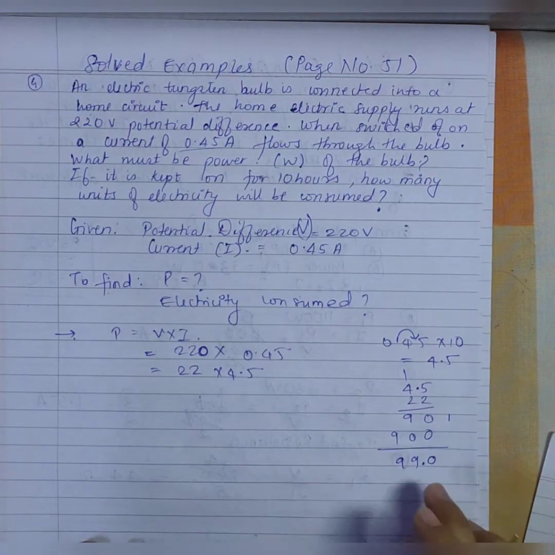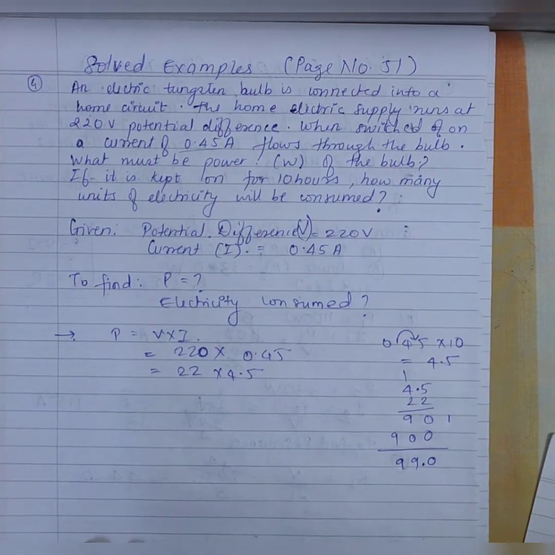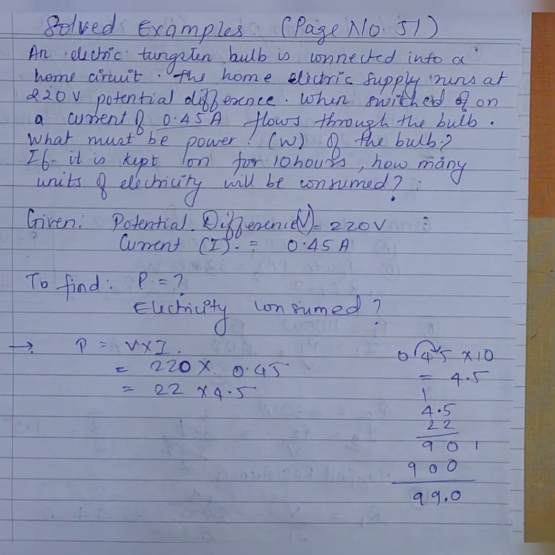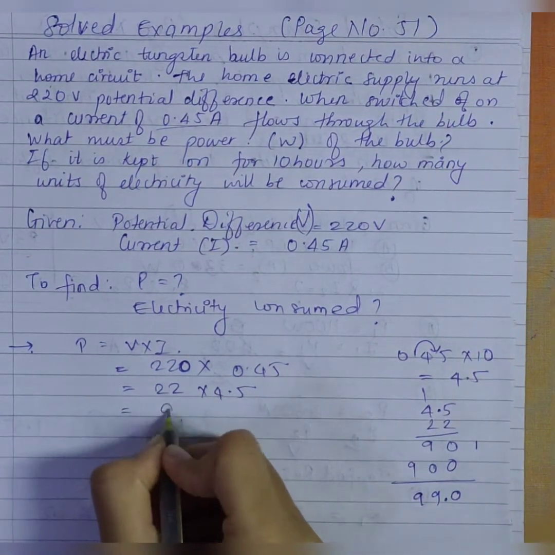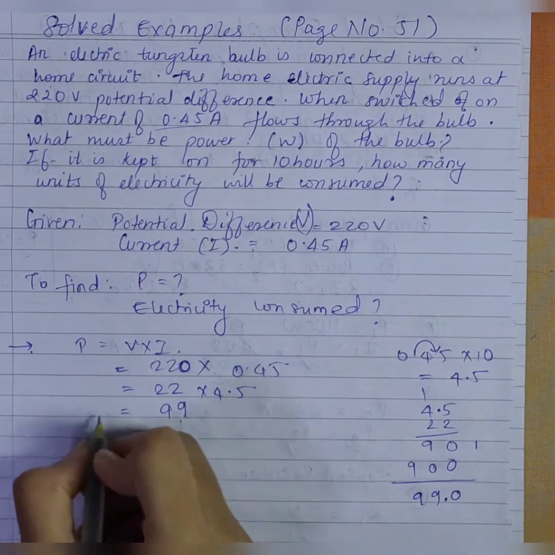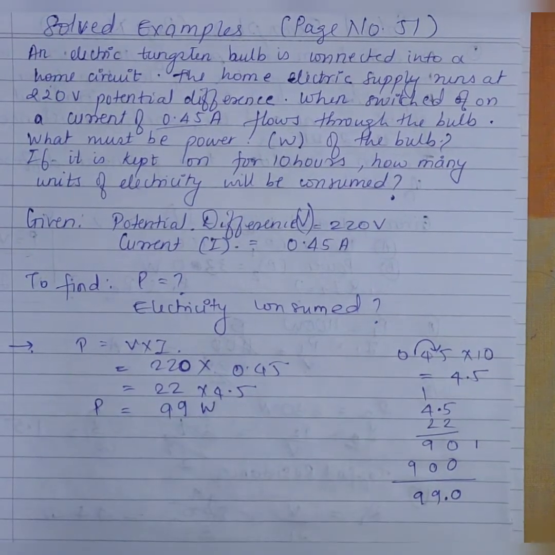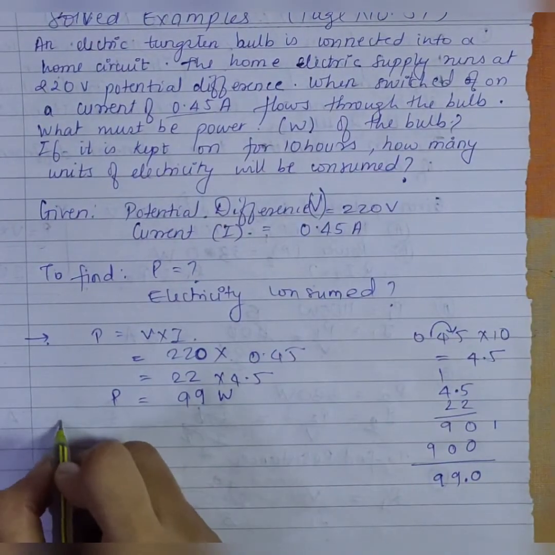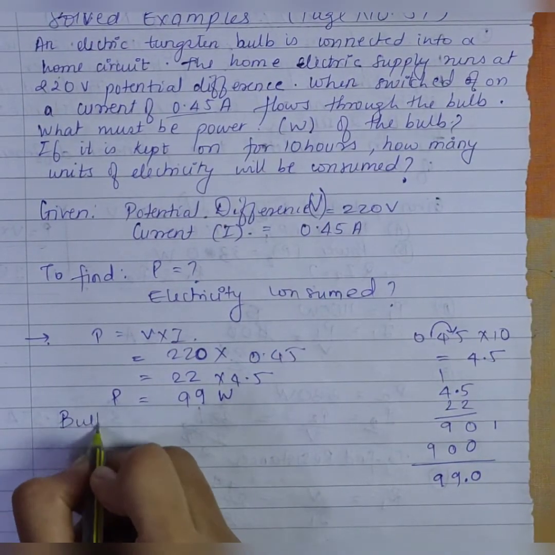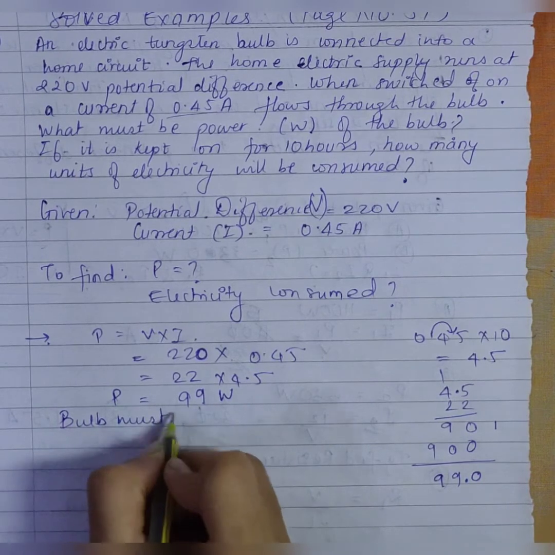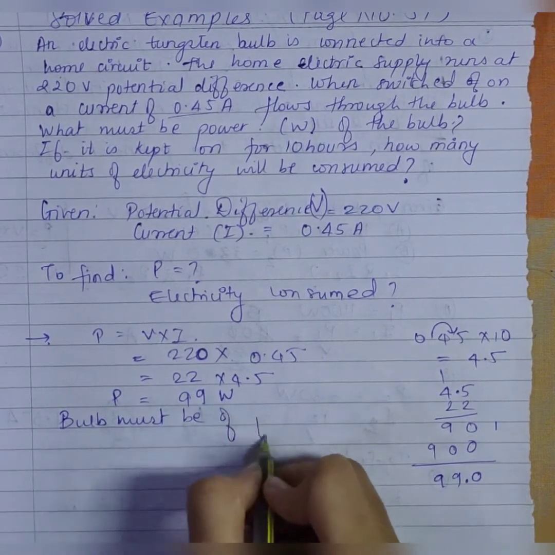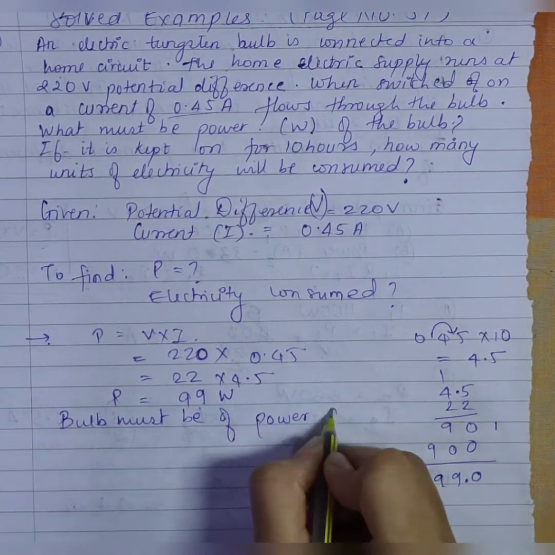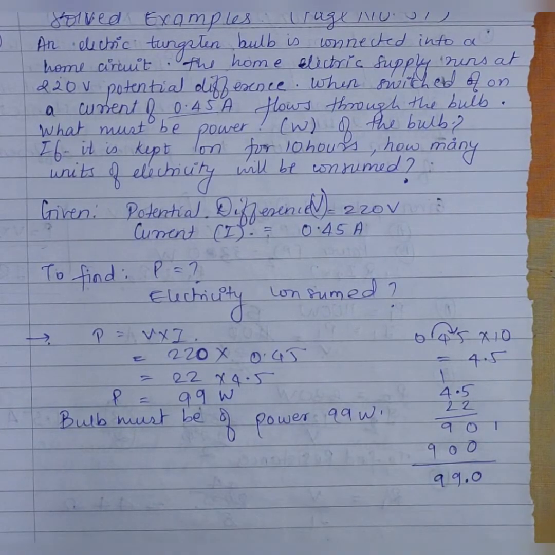Therefore this has come out to be 99. So my power has come out to be 99 watts. Now you can write here that the bulb must be of power 99 watt.